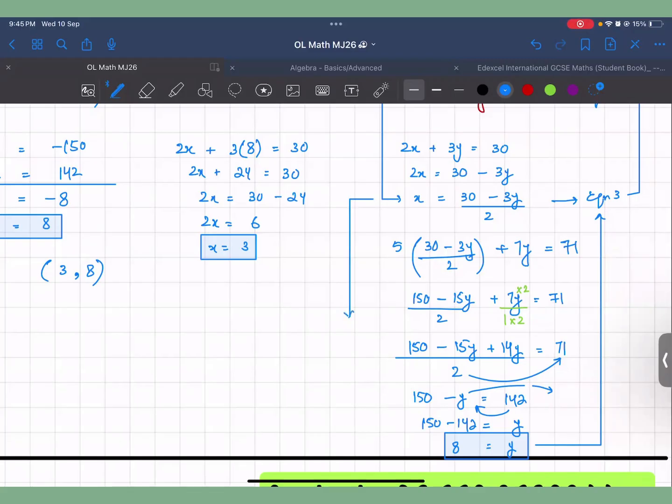I don't have much space. x is equal to 30 minus 3 times 8 upon 2. So 30 minus 24 upon 2. So 6 upon 2, which is 3, the same answer.